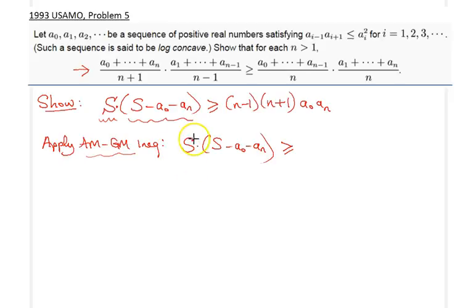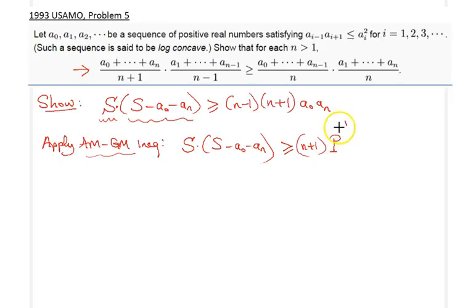So remember that s was the sum, so therefore the sum will become a product, and because I have n plus 1 terms here, there will be an n plus 1 coming out, and then there will be the p here, so the sum will become a product.